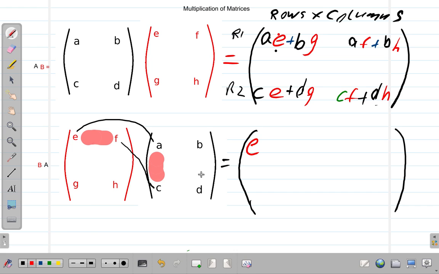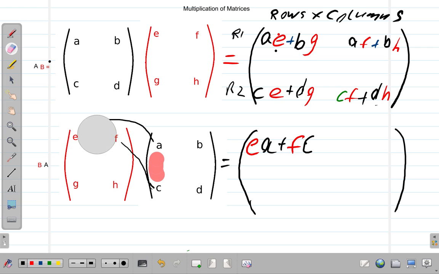So first elements multiplied, E is the first in row 1 of B, A is the first in column 1 of A. Plus, then the seconds: second by second, F times C. F is the second element in row 1 of B, multiplied by C, the second in column 1 of A. F, C. You see that? Is that what you got?